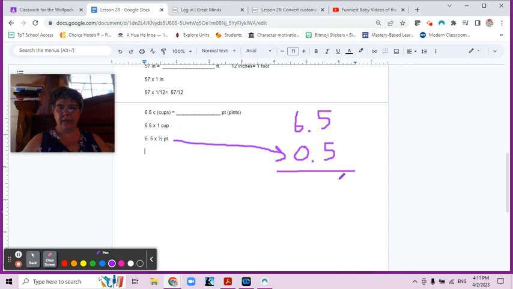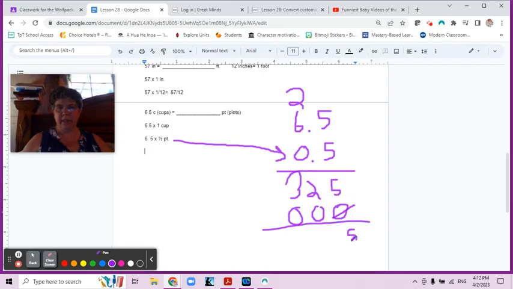Okay, 5 times 5 is 25. 6 times 5 is 30, plus 2 is 32, and magic 0, and 0, and that would be 325, and we have 2 to the right of the decimal in our problem. So in our answer, we're going to have 2 digits to the right of the decimal.